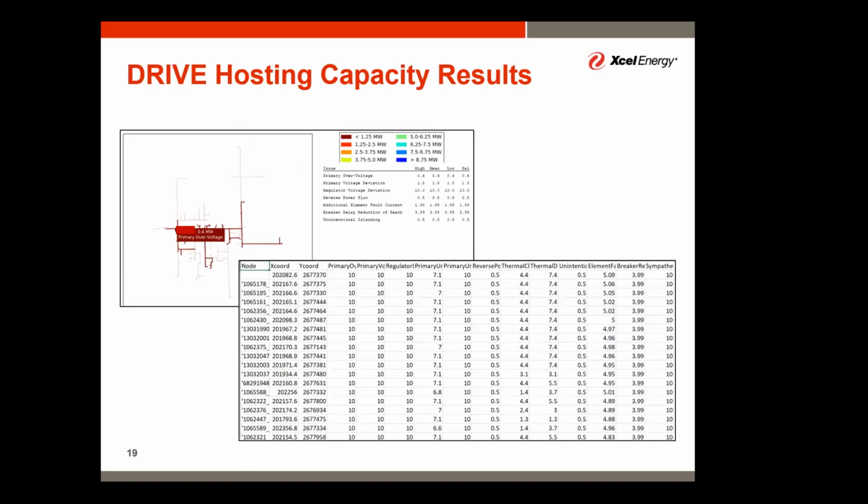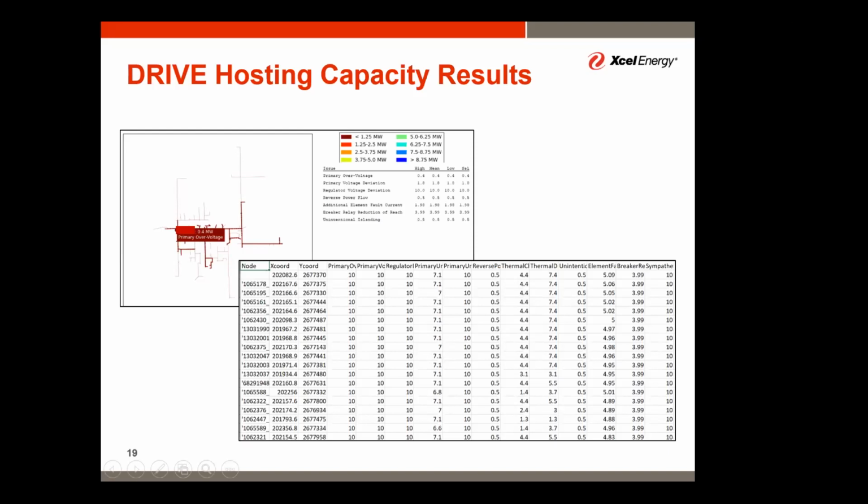So once the analysis has been performed within Drive, there are several output methods and means to view this data. So first, you'll see the screenshot up here, which is within Drive. This shows a visual representation of a feeder that has been analyzed.